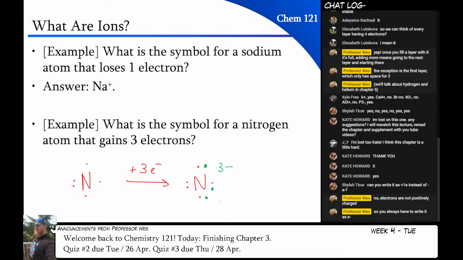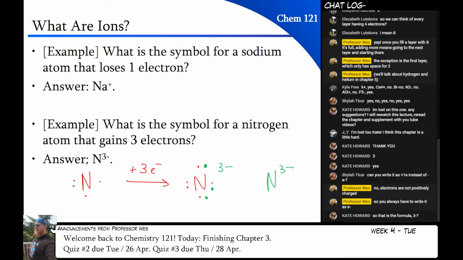And then whatever you're trying to do, so either adding or subtracting that. So there would be our Lewis symbol, and then if I were just to write the formula, I would write this. So the formula is N 3 minus. That's this right here.